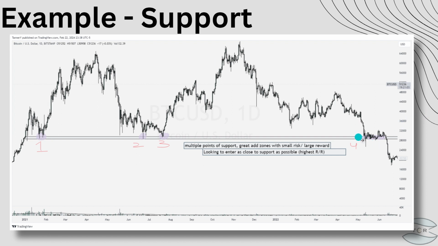It comes in, and now instead of getting that nice reactive bounce, well, now you have it just kind of hanging out here. That's not great, right? The more something hangs out on a support or a resistance, the more likely it is to break it. So you can see here on 1, 2, and 3, very supportive. It bounces cleanly off every time.